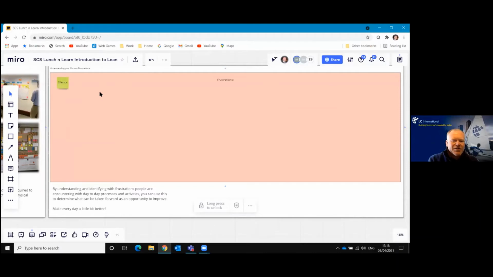I need comments from you guys so that we can take this forward into our next part of the session. So please feel free to use this Miro board functionality to add your thoughts of where your current frustrations are that you face on site, that you would like to overcome as we enter through the next part of this session, which is talking about the enablers and the actions we can take.